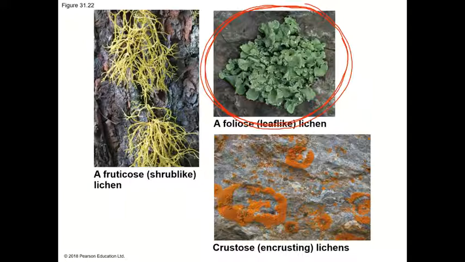Lichens are believed to be good indicators of air quality. The leafier a lichen is, the cleaner the air in that area is. So if you go to remote areas in Bukidnon, or if you climb a mountain like Mount Kitanglad, you will see many leafy lichens growing on the barks of the trees because the air quality in those areas is really good.